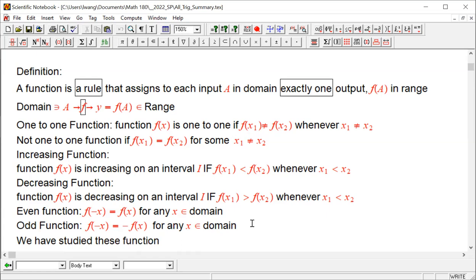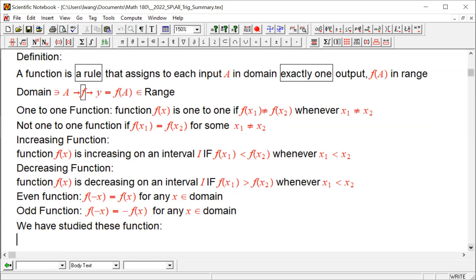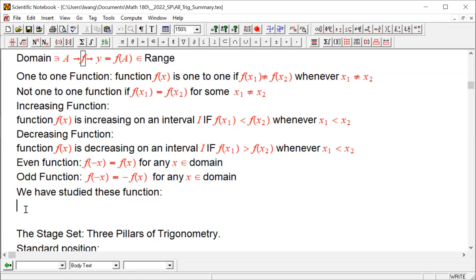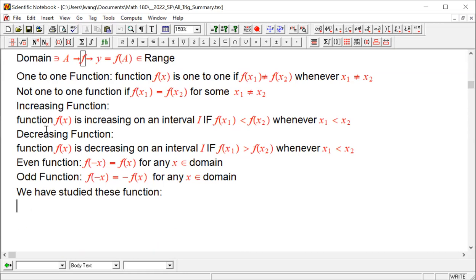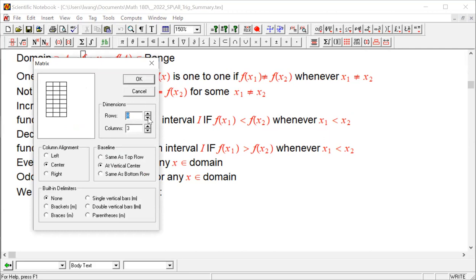So the first part we studied, if you look back, was the constant function. So I'm going to put a little table here. We don't need so many rows.